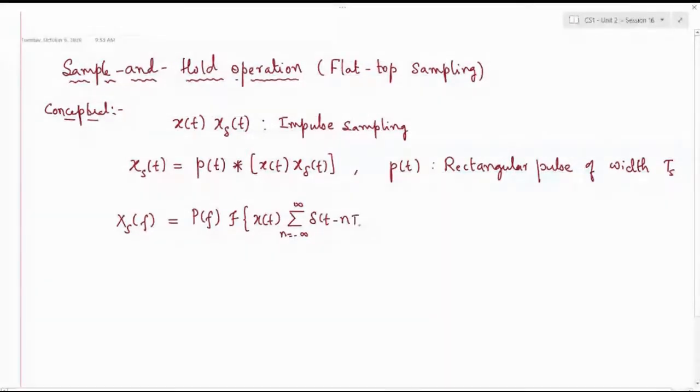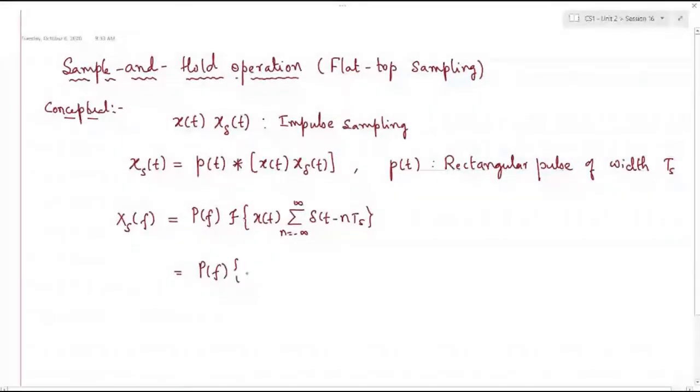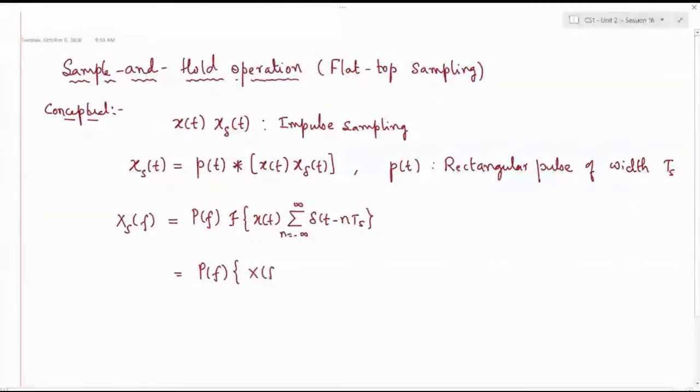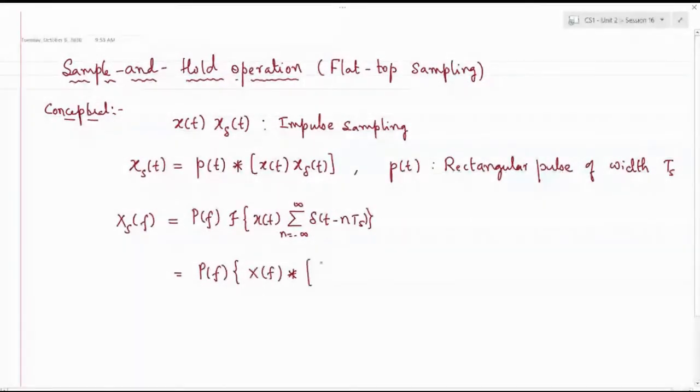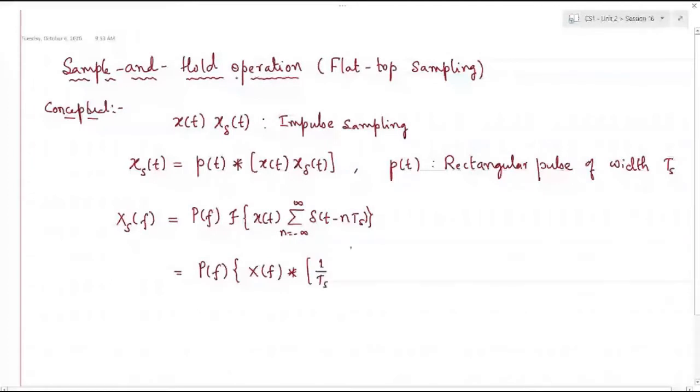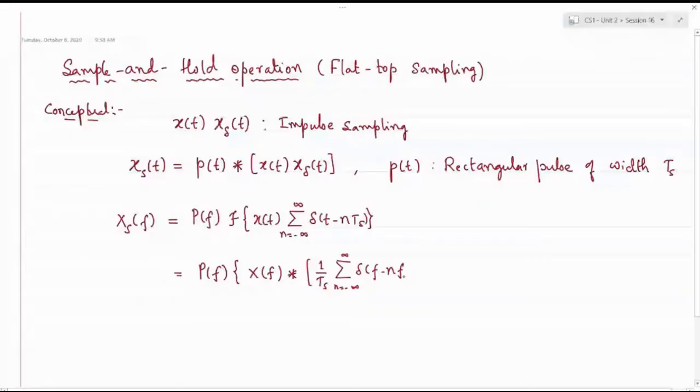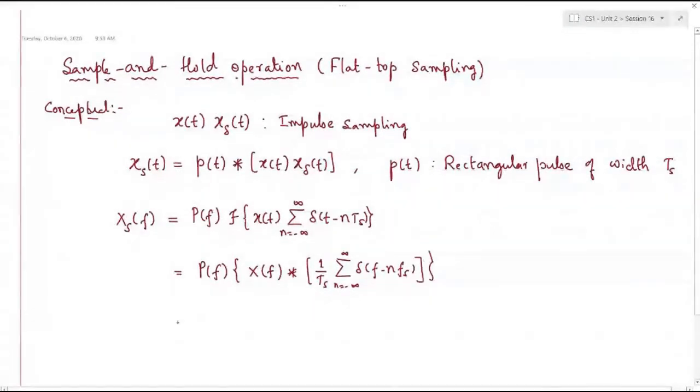Fourier transform of x of t is X of f, and since it is a multiplication of two time domain functions, in the frequency domain it will be a convolution of the two frequency domain representations. So this is X of f convolved with the Fourier transform of delta of t minus nTs, which is 1 over Ts summation delta of f minus nfs, another impulse train. Using the frequency convolution property, this is simply P of f.